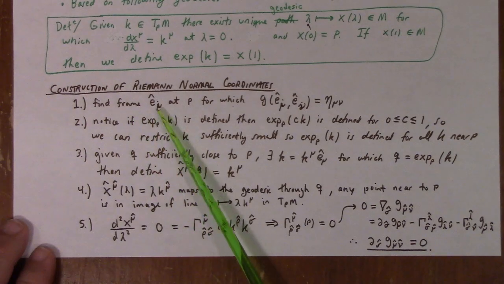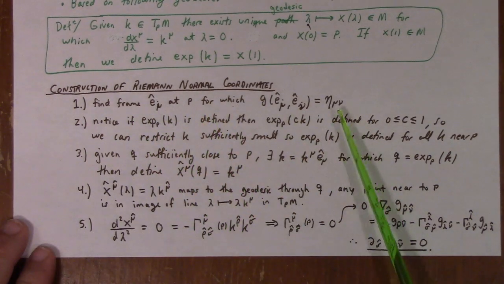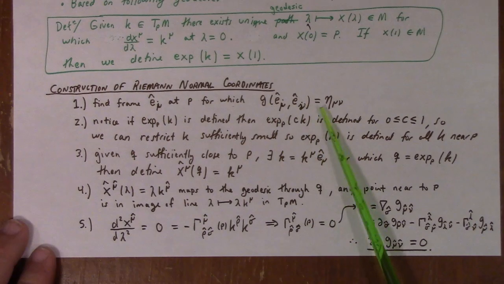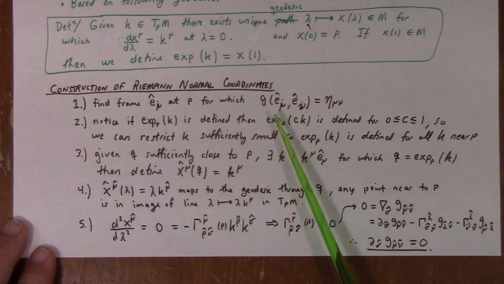So find a frame at P for which the frame gives you the Minkowski metric for the metric.